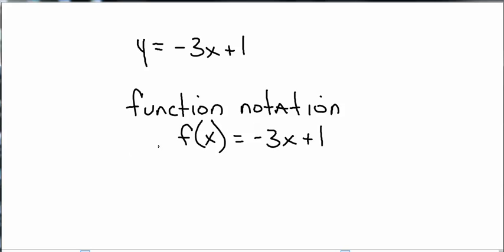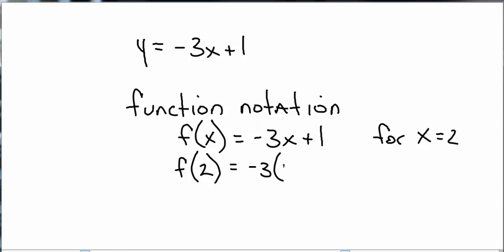And when you evaluate functions and say, you're asked to evaluate this function for x equals 2. The notation for evaluating this function when x equals 2 is now we write the function of 2 equals negative 3 times 2 plus 1.